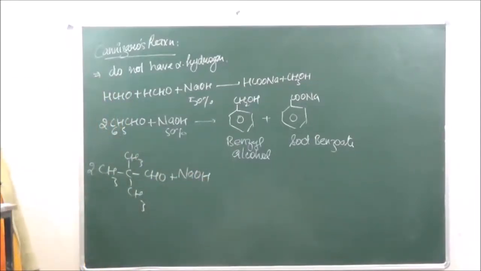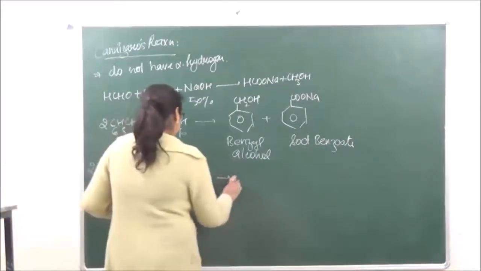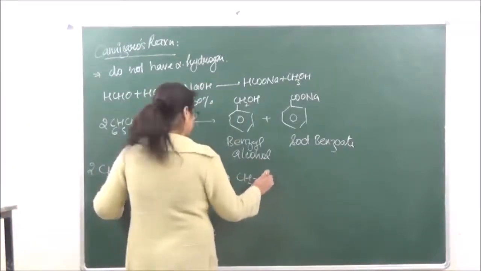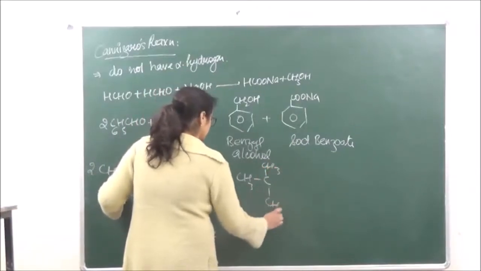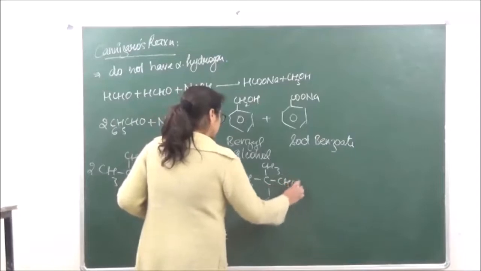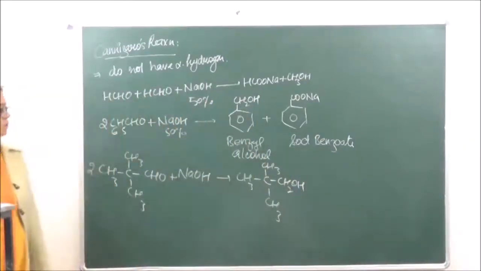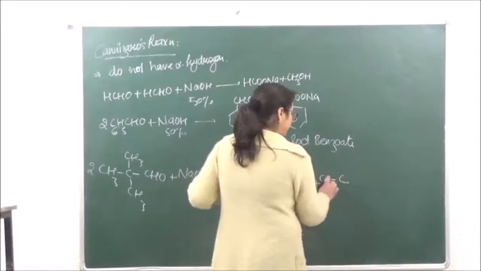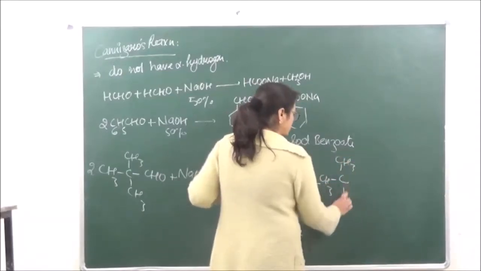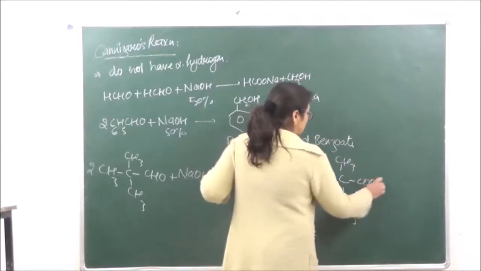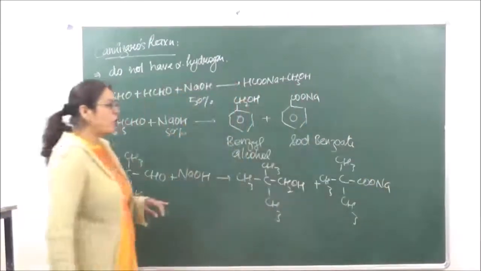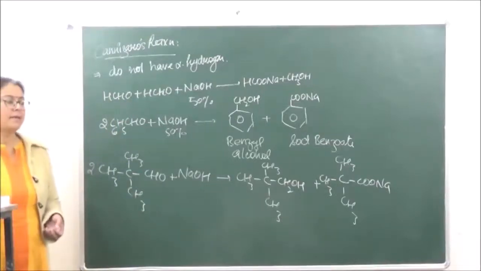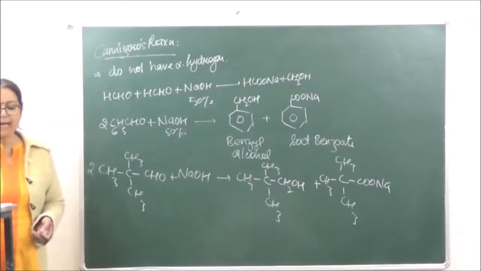So one alcohol we are going to get, a branched alcohol, it's a 1 degree alcohol of course, and in a similar manner we are going to get a salt. The mechanism in all these reactions is going to be the same. So this is what the Cannizzaro reaction is.